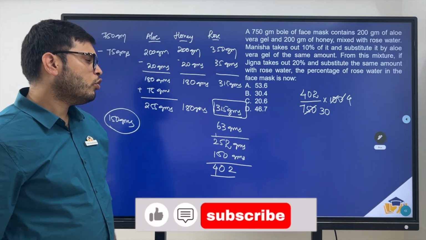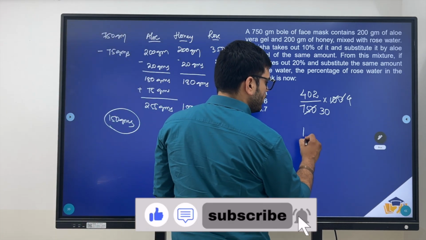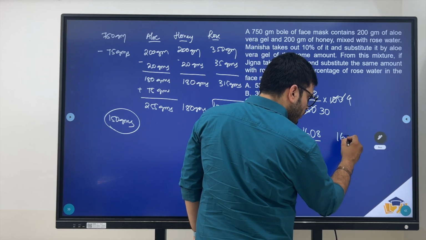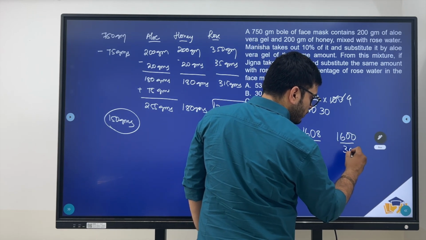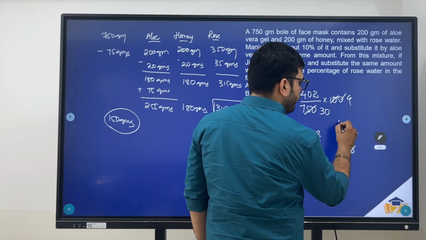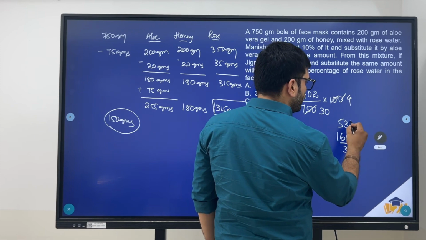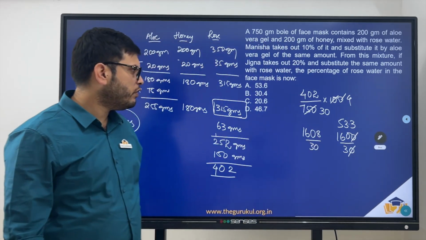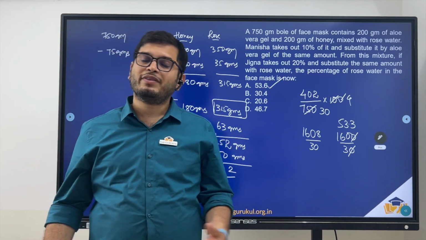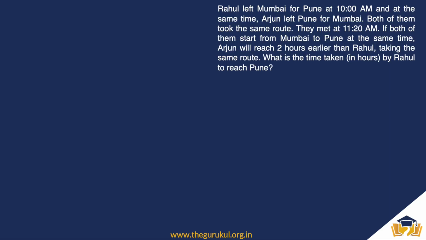So 402 into 4, 1608 by 30. Now let's approximate this to 1600 by 30. I can cancel out a 0, then this would be 53.3. So this should be close to 53 point something. So you have option A being 53.6. So that has to be the answer to this question.